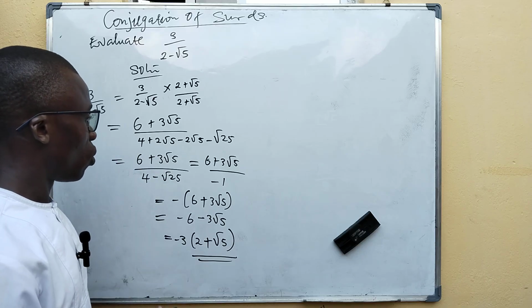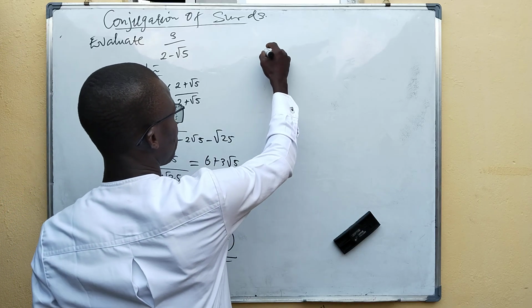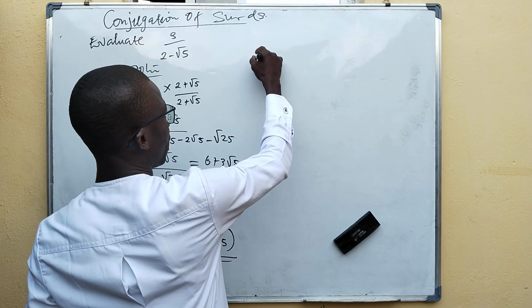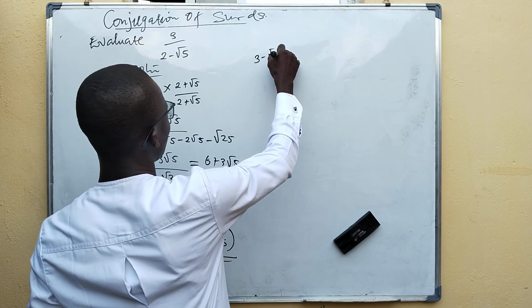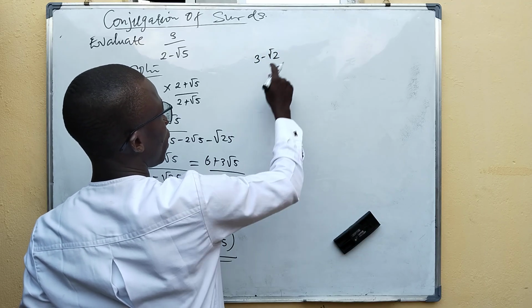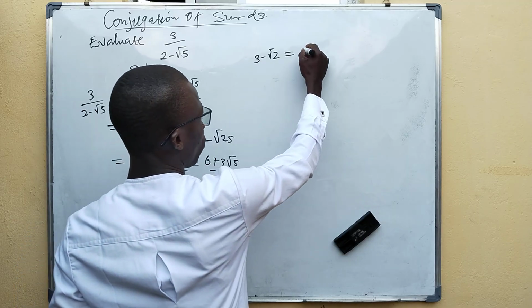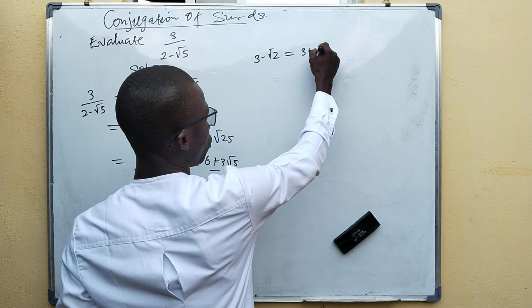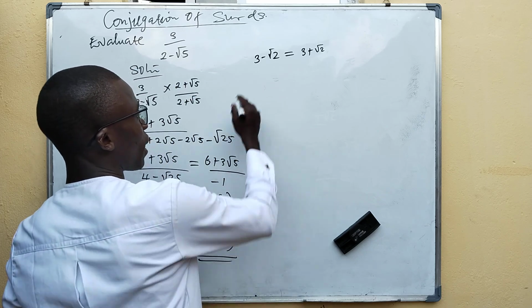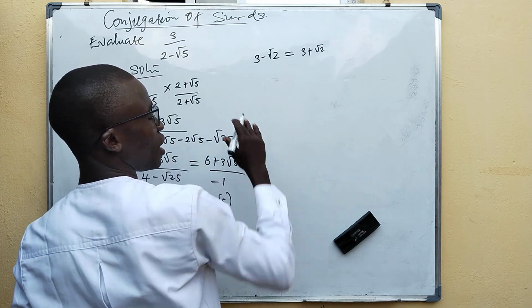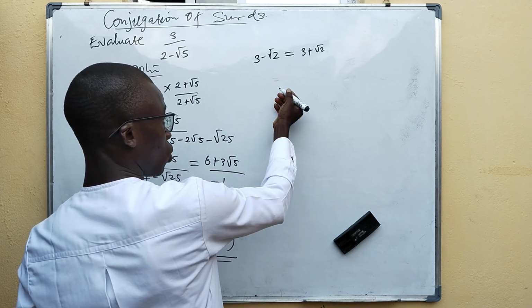Let's say we have a surd like 3 minus root 2. If you conjugate this, we have 3 plus root 2. Can the product of this and this give us a real number? That's what we want to check.